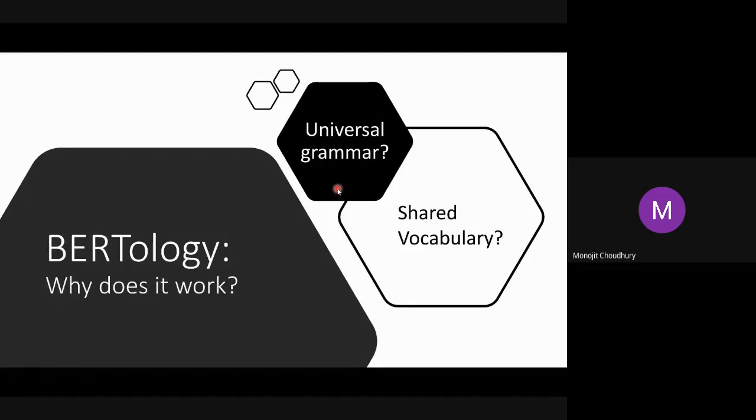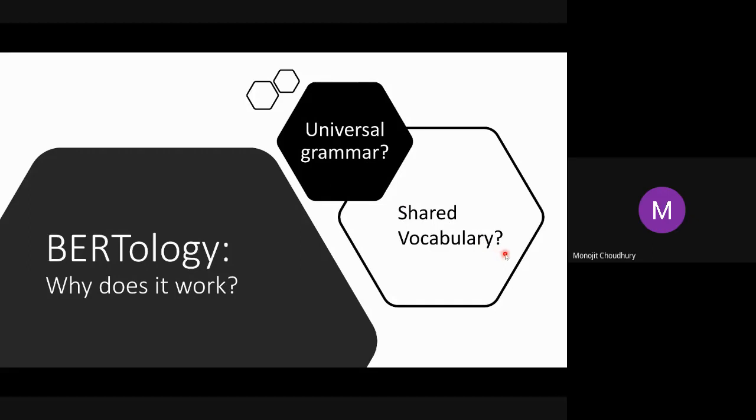So in the paper, they hypothesized maybe we are seeing this universal grammar being learned by these networks. It was in fashion for a while, but people did not buy into the argument. First of all, not everybody even agrees that there is a universal grammar. And even if you agree, there is no solid evidence that the machine is learning some universal grammar.